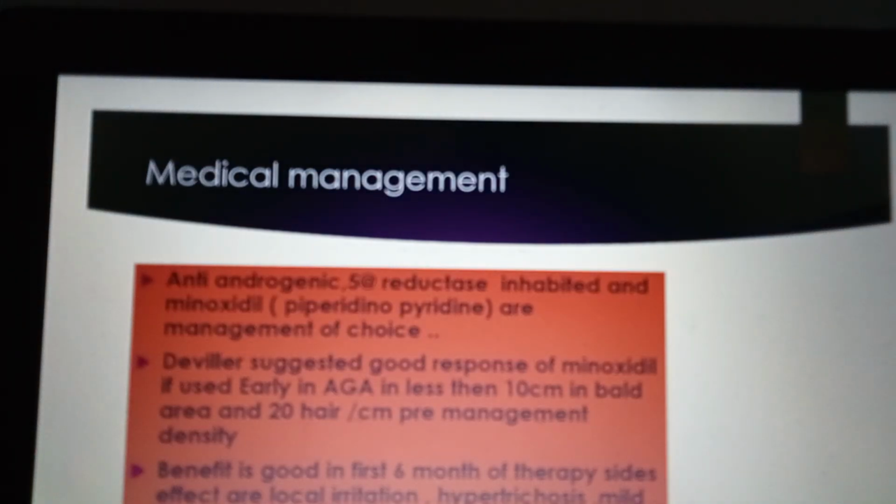Medical management: anti-androgenic, 5 alpha reductase inhibitors and minoxidil are the management of choice. Dealer suggested good response of minoxidil if it is used early in androgenic alopecia, in a bald area of less than 10 cm and a pre-treatment density of 20 hairs per centimeter.